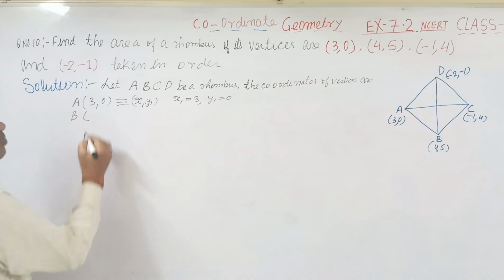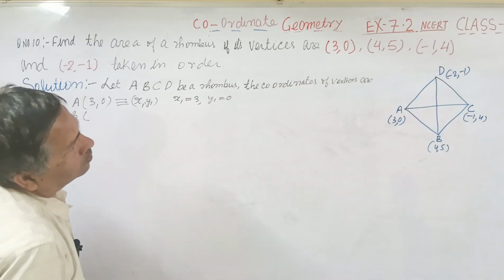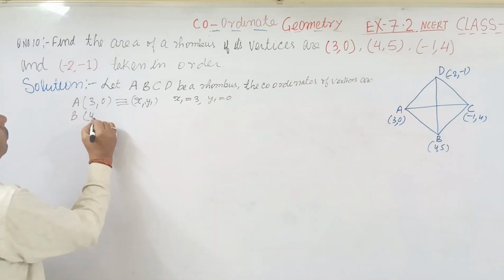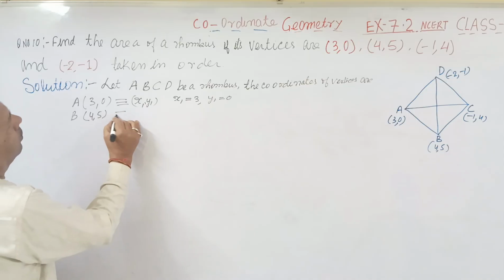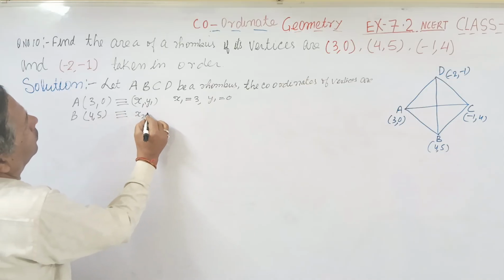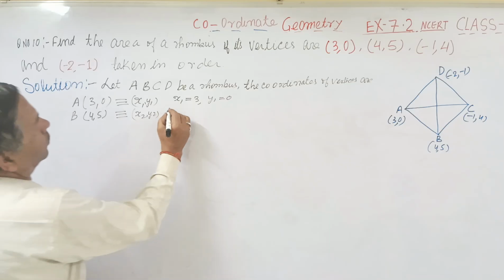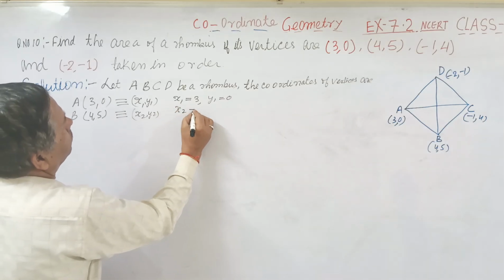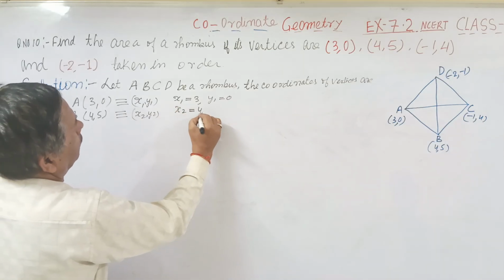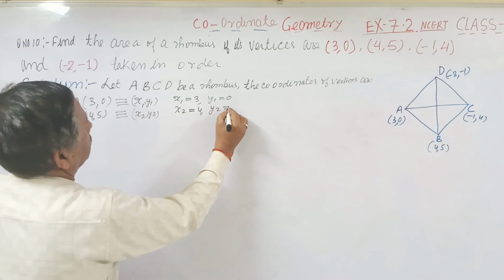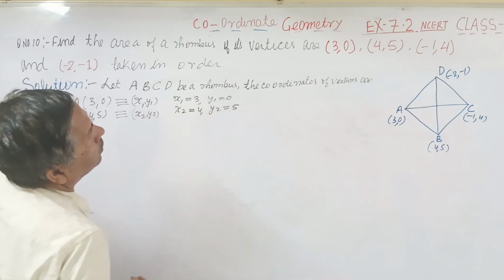B is (4, 5), let us say it is (x2, y2), so x2 is 4 and y2 is 5.